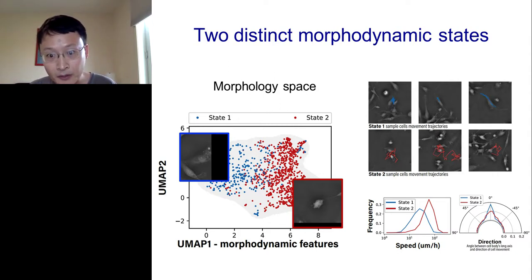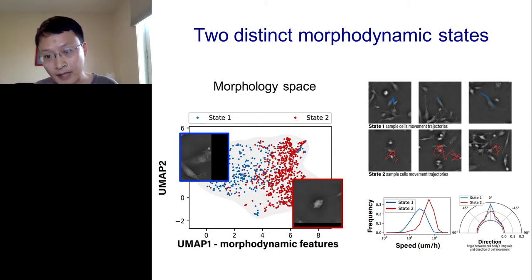And we can also show some example trajectories of these 2 cells in these 2 states in this panel here on the top right. So in the blue state, these cells, even when they do move, tend to be much slower, right? The speed is much lower. And if they do move, they tend to move mostly along this long cell axis, so it's very different types of motion.